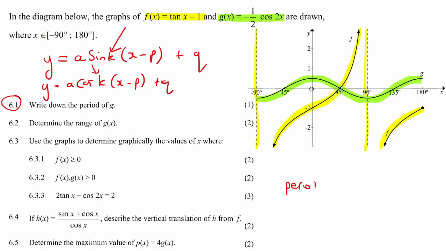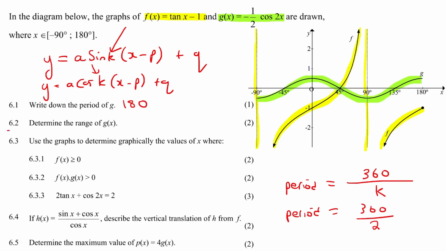So the period is always going to be equal to 360 if it's a sin or cos graph, because a normal period on a sin or cos is 360. And then you divide this by K. So the period is going to be 360 divided by our K value, which is 2. And so that's going to be 180 degrees.